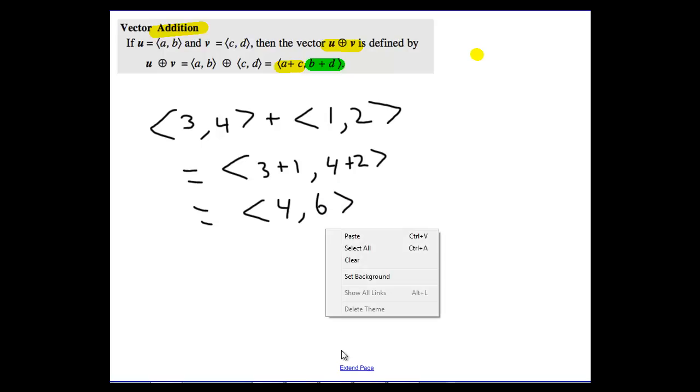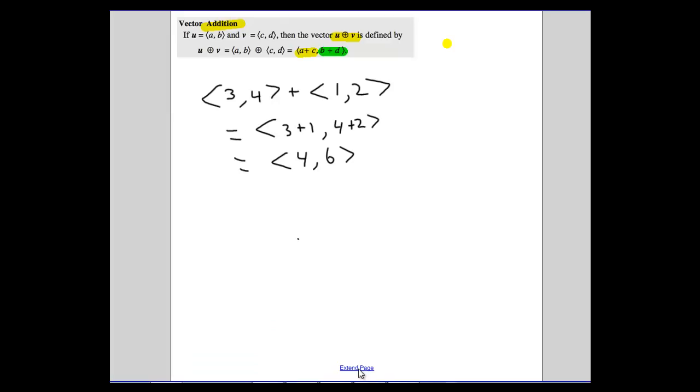Well, what does that look like graphically? We're actually going to spend a bunch of time in the multivariable portion. But as far as graphically what we're talking about is we've got a vector 3, 4. Here it is. That's 3, 4.